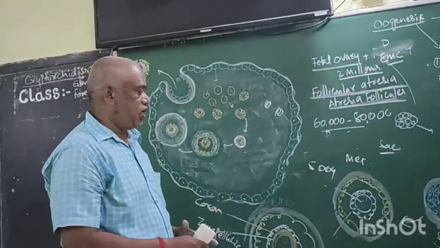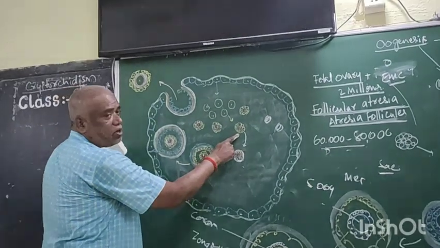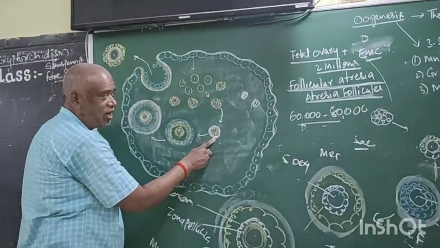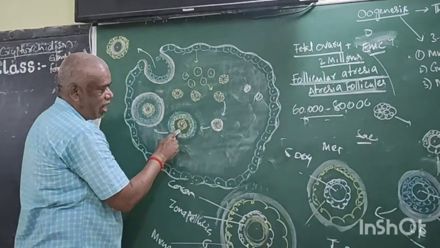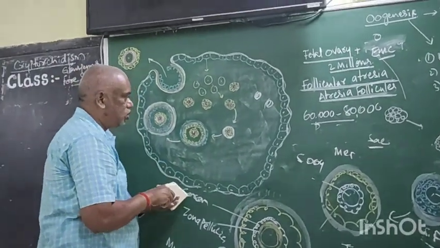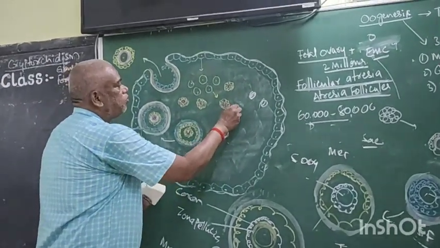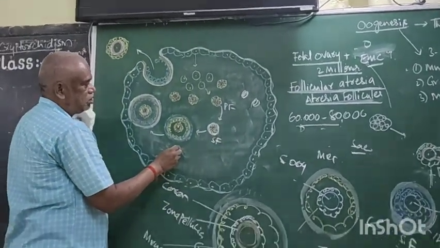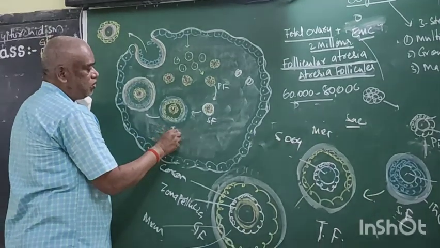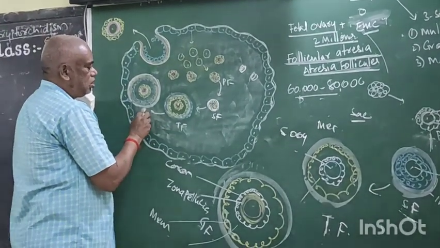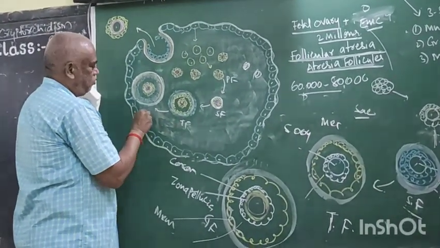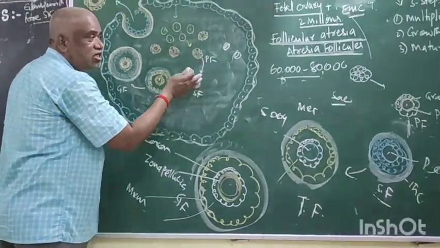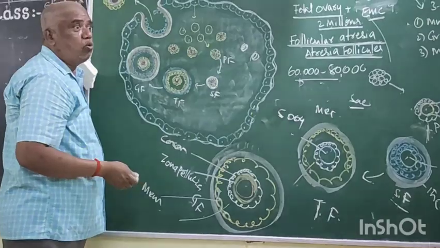After puberty, see: primary follicle, secondary follicle, theca, antrum. PF, primary follicle. TF. GF, Graafian. This takes place inside the ovary.